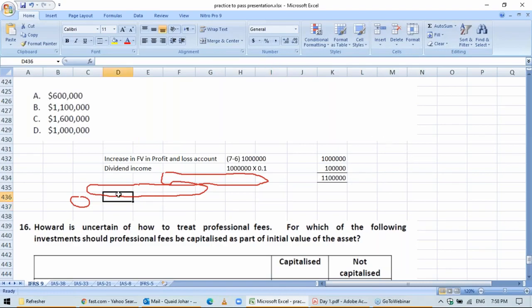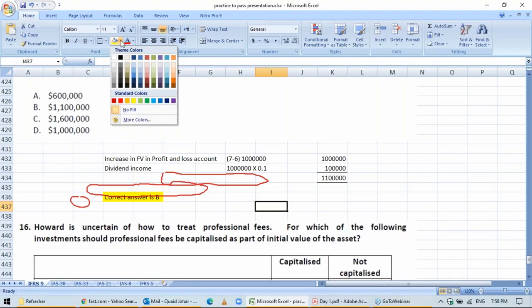The correct answer is B. So remember, if they say what will be recognized in profit and loss, all types of income which the business has earned should go in the profit and loss account.